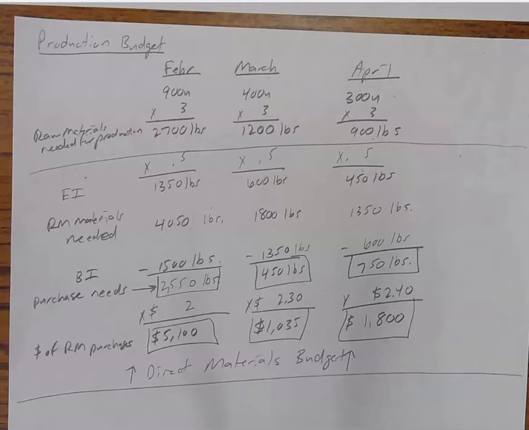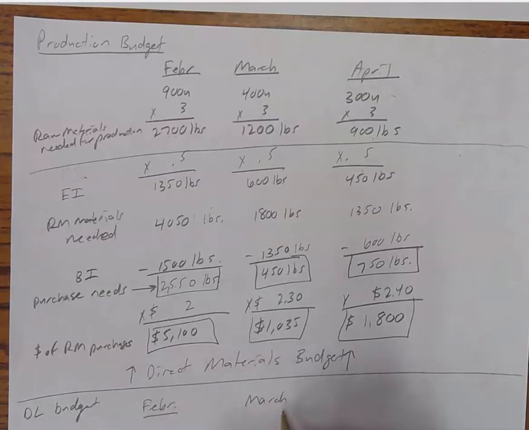But now, when we're doing the direct labor budget, we're going to need for each of these months, and I'm going to go ahead and just write them down again: February, March, and April.